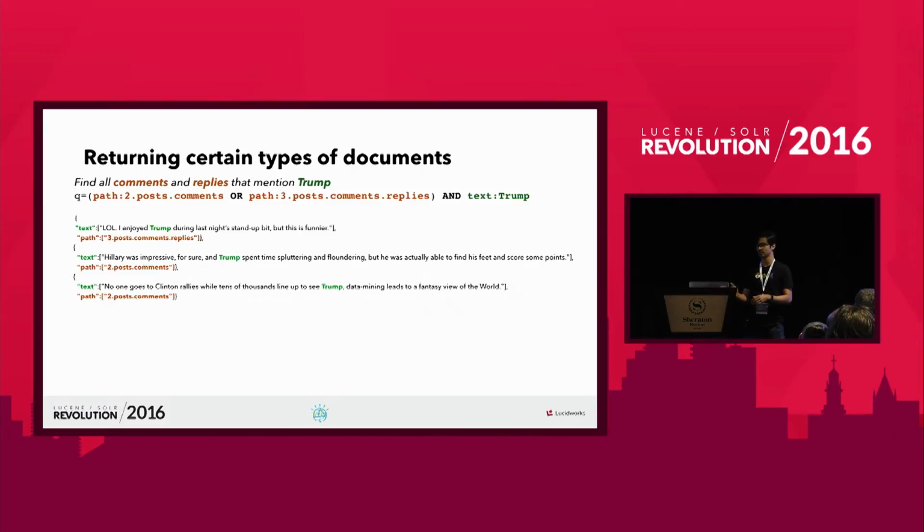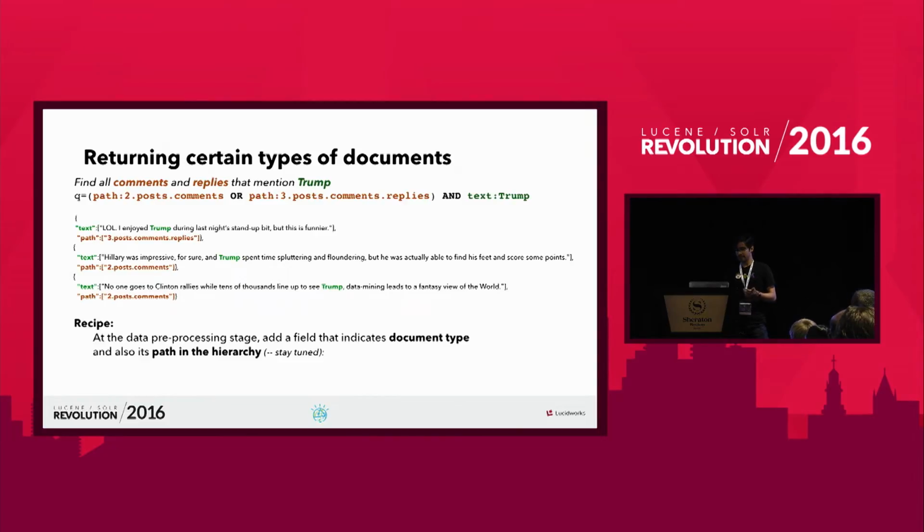We're going to get to why you need this, why you need the number 2, why the fully qualified field name, and why this can't go into something else. But that query right there basically restricts you to comments or replies that mention the term trump. So you don't want root posts. You just want comments and replies that mention this term. And that helps you get your answers back.